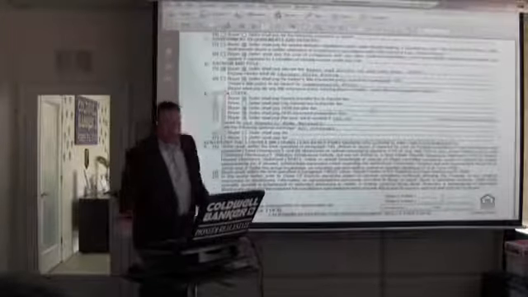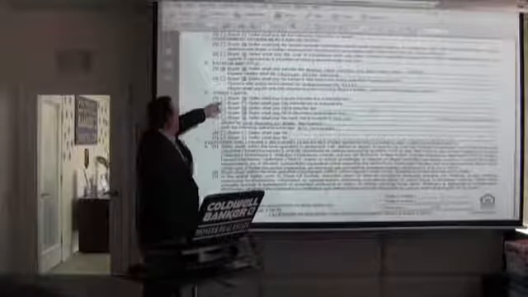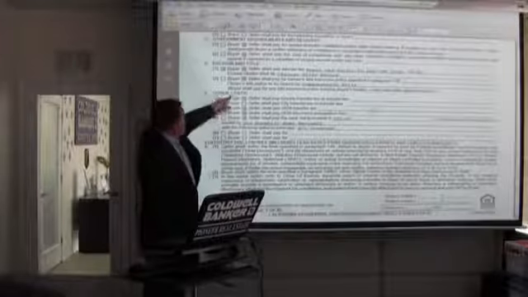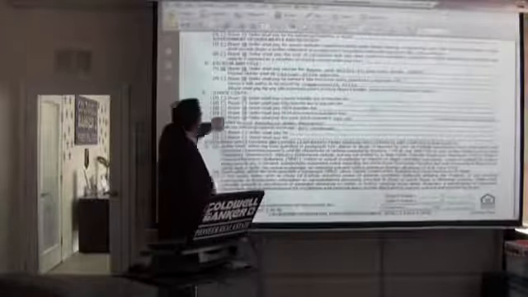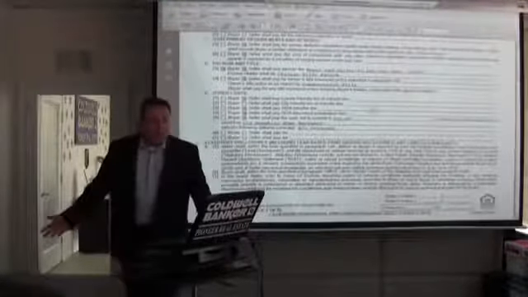Bracketed. I've asked this question for 20 years. Why is this bracketed? Why? I just don't get it. Buyer shall pay for any title insurance policy insuring the lender. Why don't we just put a box right here and check it? Say buyers to pay for that. That's just how it is.